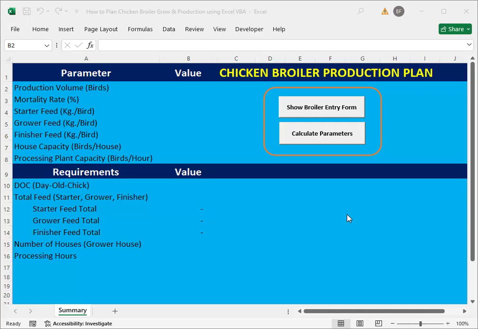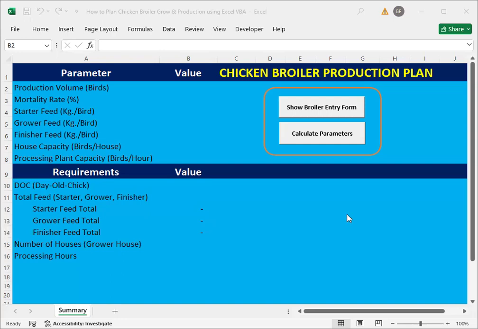So the first type of feed is the starter feed, and it will be measured in kilograms, how many kilograms we're going to feed one bird, and the efficiency of this will be measured in FCR, feed conversion ratio, which I'm going to discuss later also.